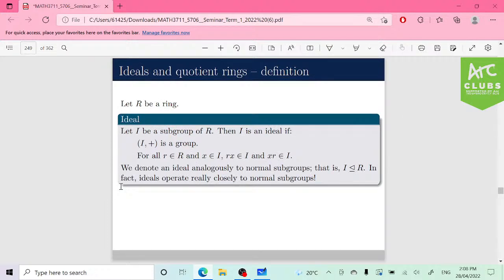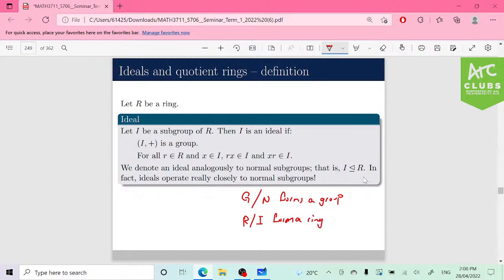And so what you can notice is that ideals operate really closely to normal subgroups, right? If I consider a group G and I decide to take the quotient by a normal subgroup, you end up with a group. In a very similar vein, if you take a ring and you quotient it out by an ideal, you form a ring.